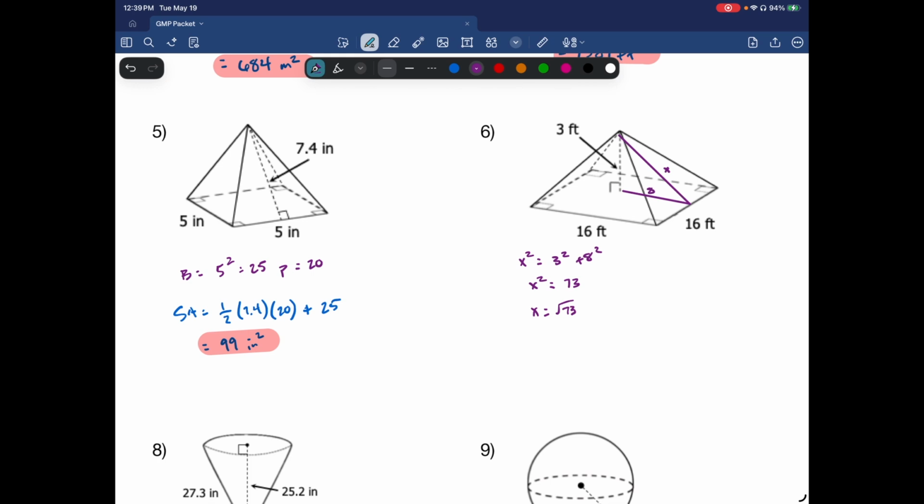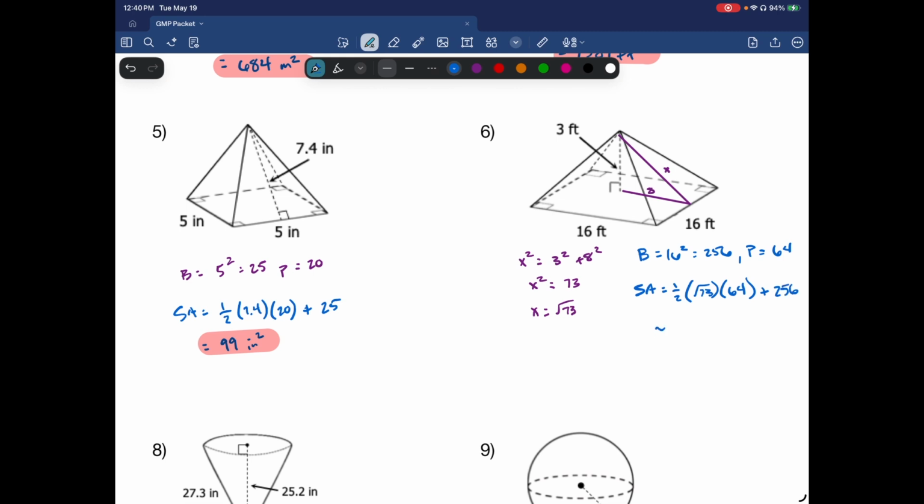Right. So my base area is going to be 16 squared, which is 256. And my perimeter is going to be 4 times 16, which is 64. All right, so my surface area is 1/2 your lateral height, square root of 73, times your perimeter, 64, plus your base area, 256.